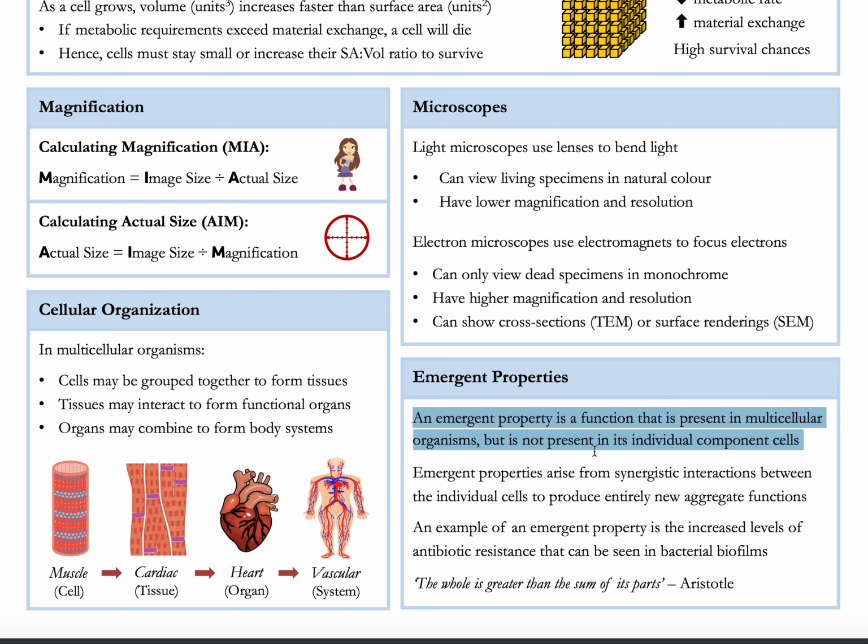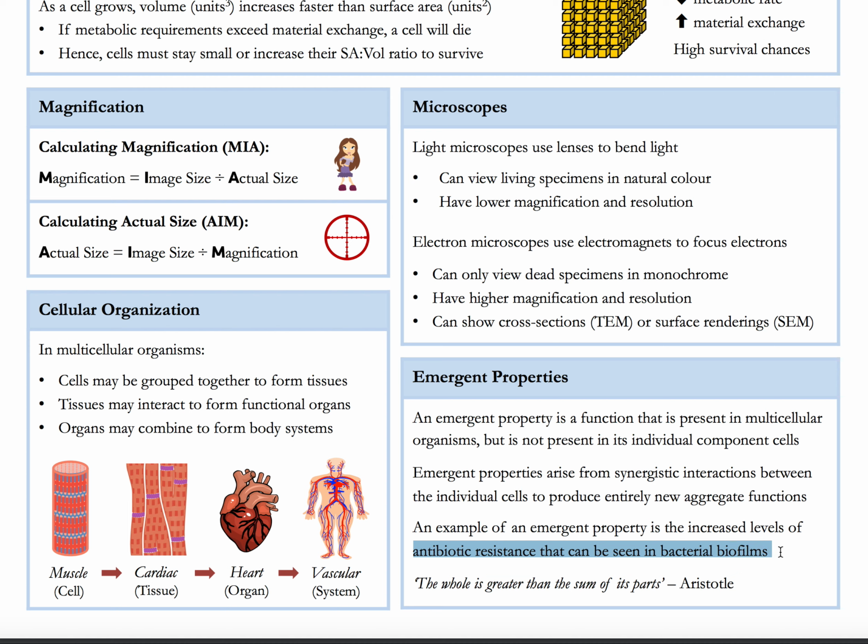So the simple action of using a cursor is because I can combine different functions or different systems of my body. That's why we call it synergistic. They work together.